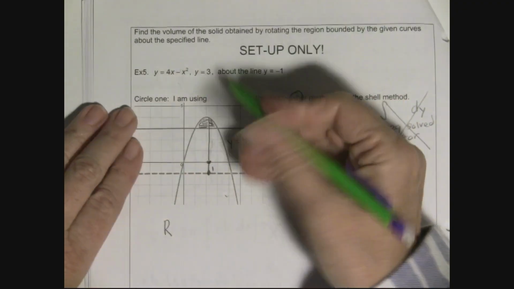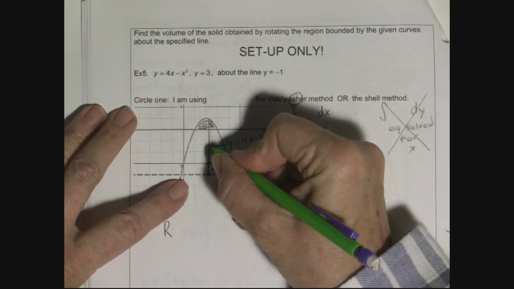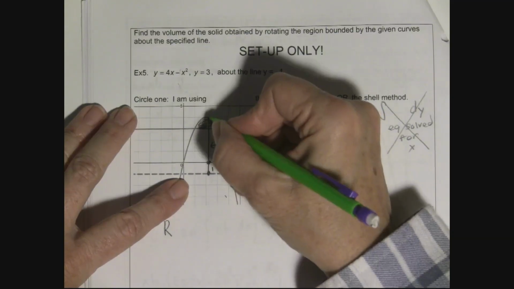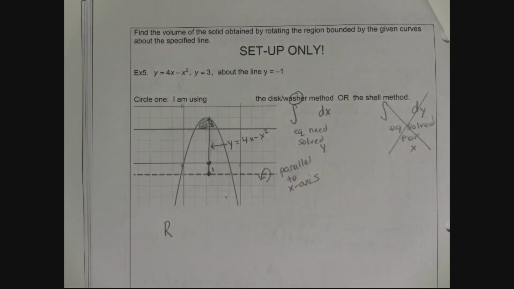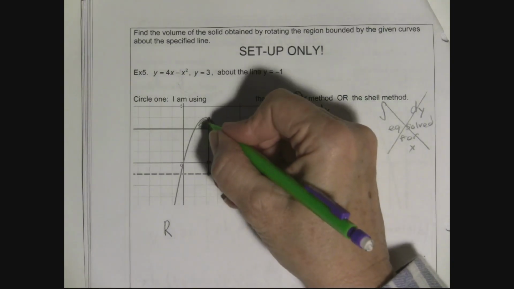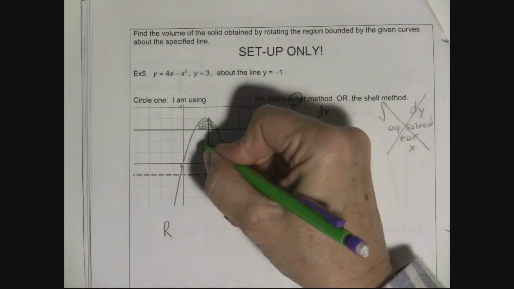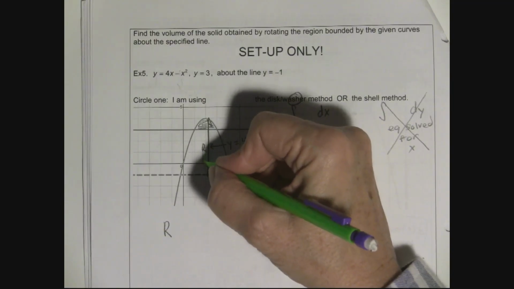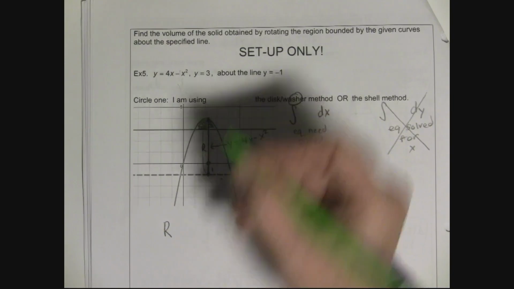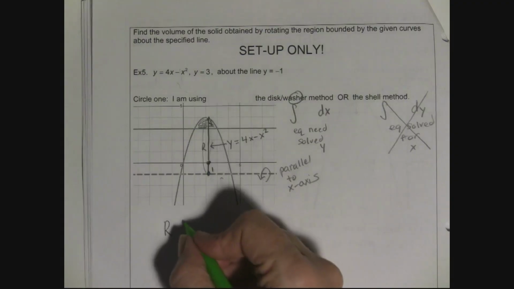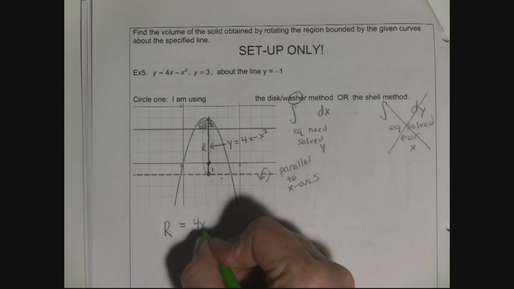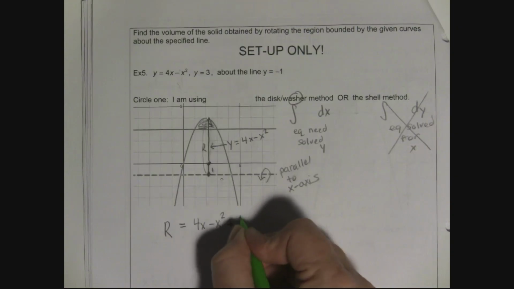I should have said that this piece that goes from the x-axis to the curve is equal to y equals 4x minus x squared. And then this whole distance is r. So the r goes from here all the way to there. That's where r goes from, right? Okay, and so that means that r equals 4x minus x squared plus 1.